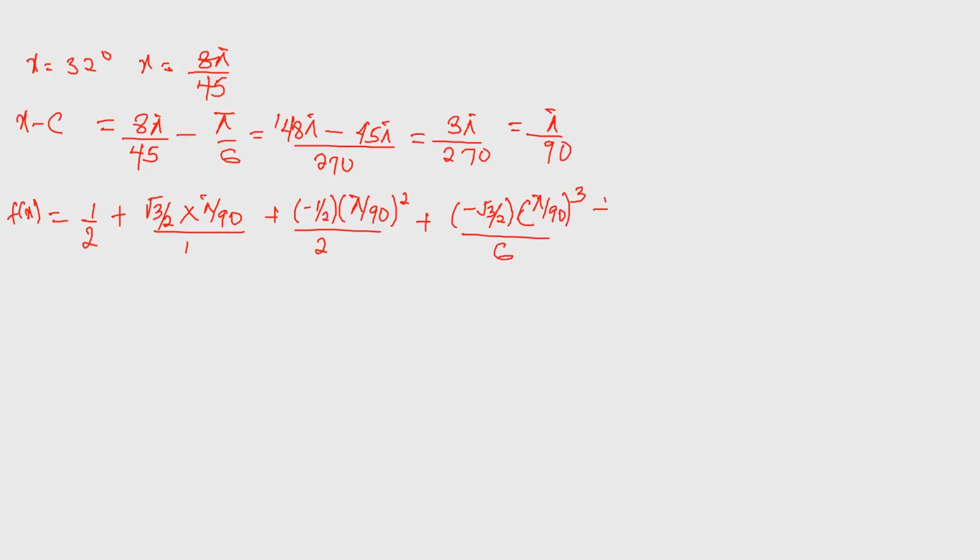Then plus we have 1 over 2, that's the fourth derivative of c, which is 1 over 2, and x minus c, which is pi over 90 raised to the power of 4, then divided by 4 factorial. 4 factorial is simply 24. And lastly we have root 3 over 2 times pi over 90 raised to the power of 5 over 5 factorial, which is 120, then continuing like that.